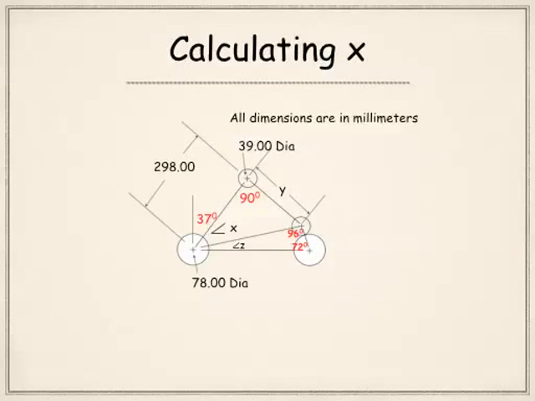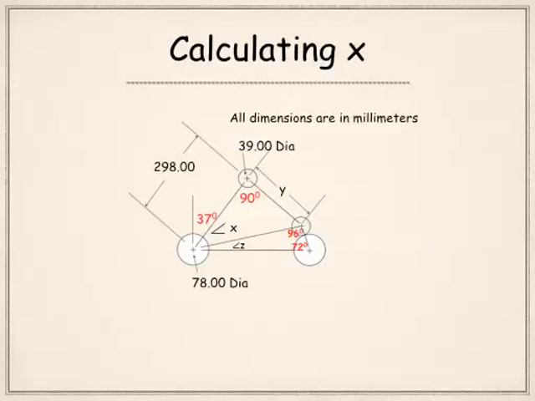So in looking for angle x, if we calculate angle z, we see that angle z plus angle x plus 37 degrees form a right triangle, the vertical and horizontal lines coming from the 78 diameter circle. So subtracting 37 plus angle z from 90, we'll be able to get angle x.